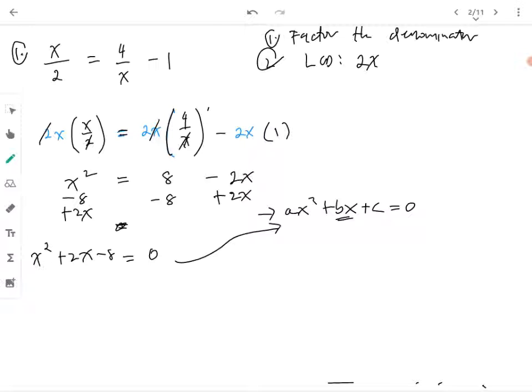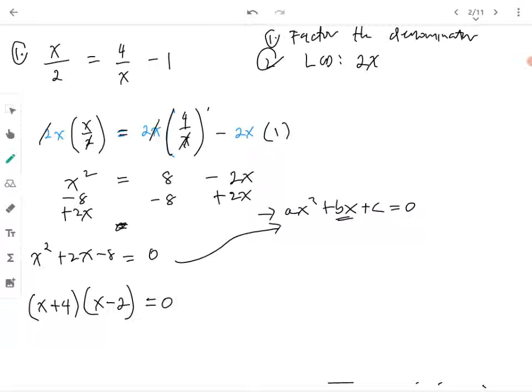So now we can solve it using any of the methods we learned from chapter 1. We can solve a quadratic equation by extracting the square root, by factorization, by completing the square, and the last one is the quadratic formula. Since this one is factorable, we can factor it as x plus 4 times x minus 2 equals 0.